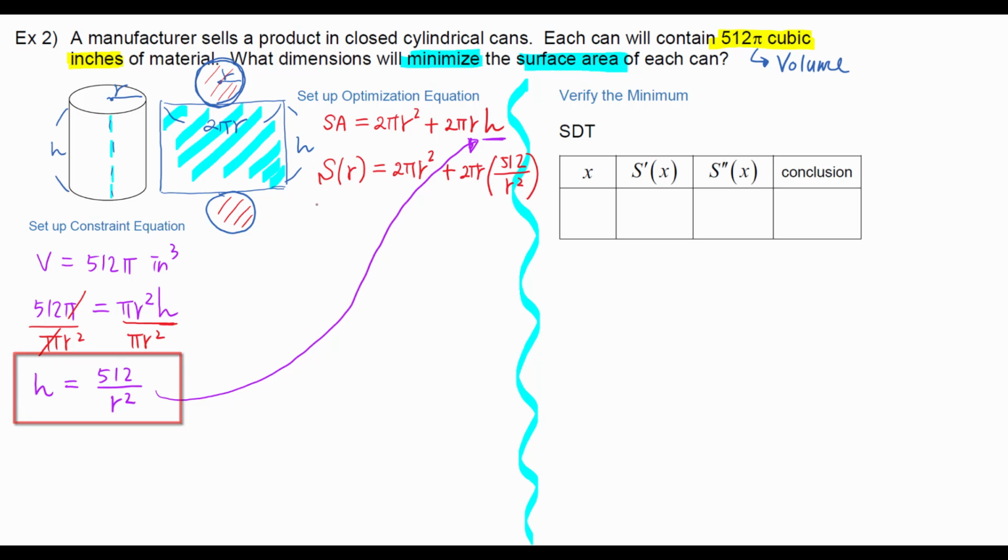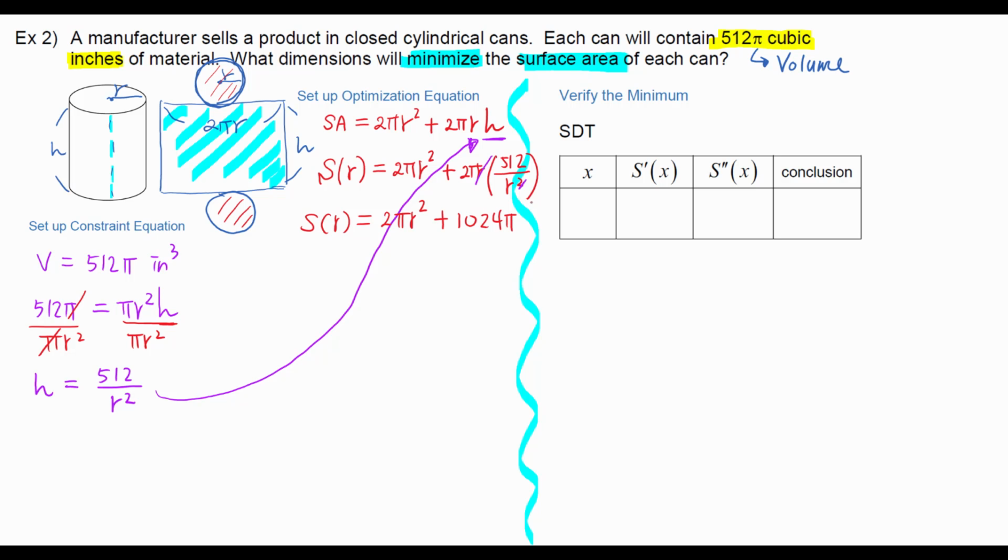So then the surface area function is 2 pi r squared plus, r's get canceled, so I only have one r in the bottom. And 2 pi times 512 is 1024 pi.